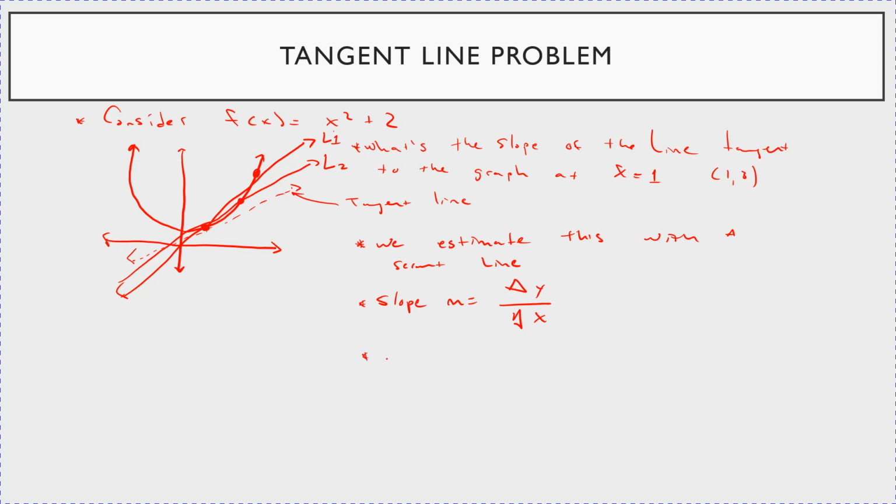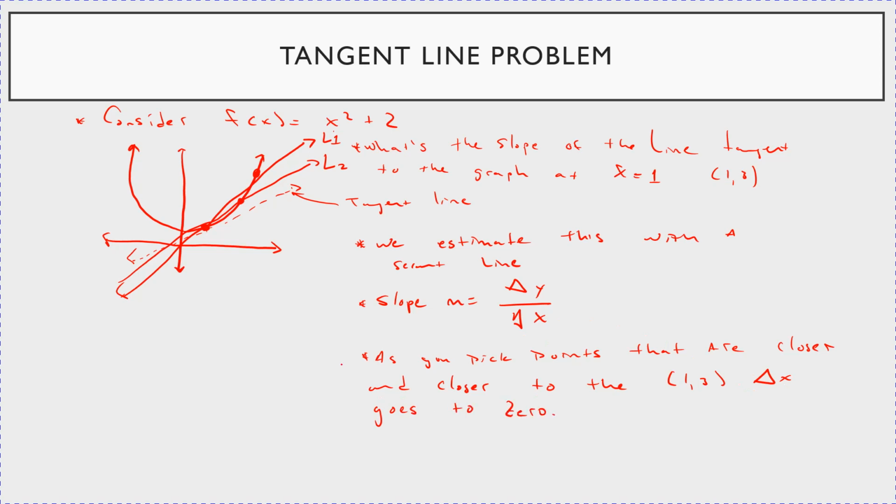So as you pick points that are closer and closer to the point (1, 3), what you notice is that delta x, the change in x, goes to 0. It gets closer and closer to 0 because you're going to pick a point here, and then you're going to pick a point here, here, here, getting closer and closer and closer.